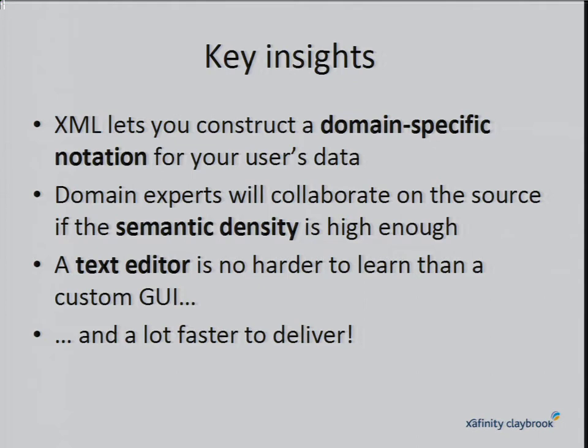The second insight is drawn from the same experience with collaborating on the source code with the users. If the source code has sufficient semantic density, the number of the terms, when a user, my domain expert, looks at my source code and sees his own language in there, he will work with me on it, we'll collaborate.